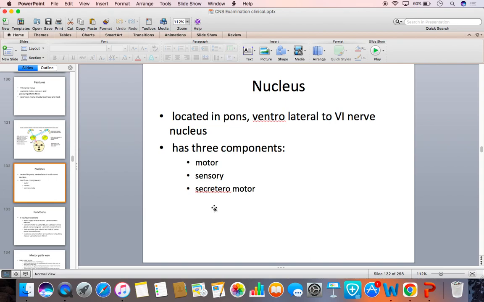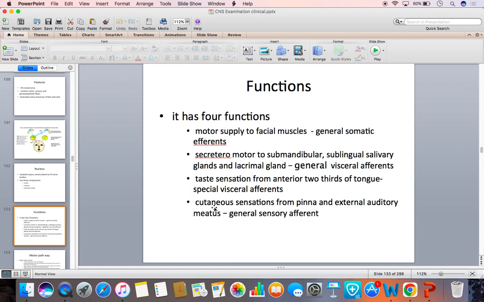Then coming to the nucleus of the facial nerve, located in the pons ventromedial to the sixth nerve nucleus. Well, it has three components: motor, sensory, and secretory motor, in order to carry out different functions. What are the functions? It has motor supply to the facial muscles for executing voluntary action. It has a secretory motor function supplying the submandibular and salivary glands and the lacrimal glands.